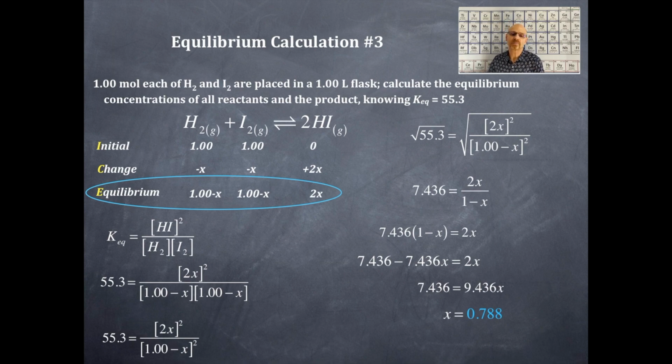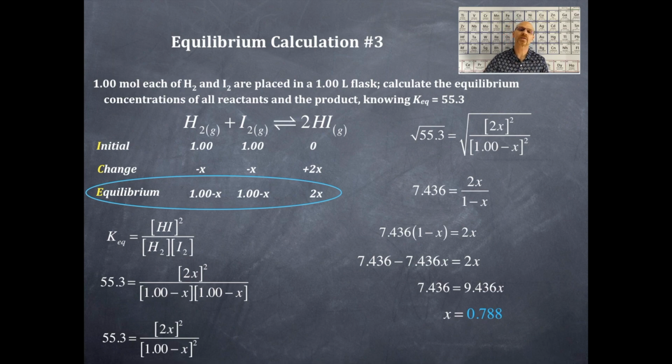Now, what is this? Well, if I look back in the equilibrium portion here, I don't see an x here at all by itself. I see a 1 minus x and I see a 2x. So what I have to do in order to solve for the hydrogen concentration, I'm going to plug in this value for x into that equation at equilibrium. So that equilibrium is 1 minus 0.788.